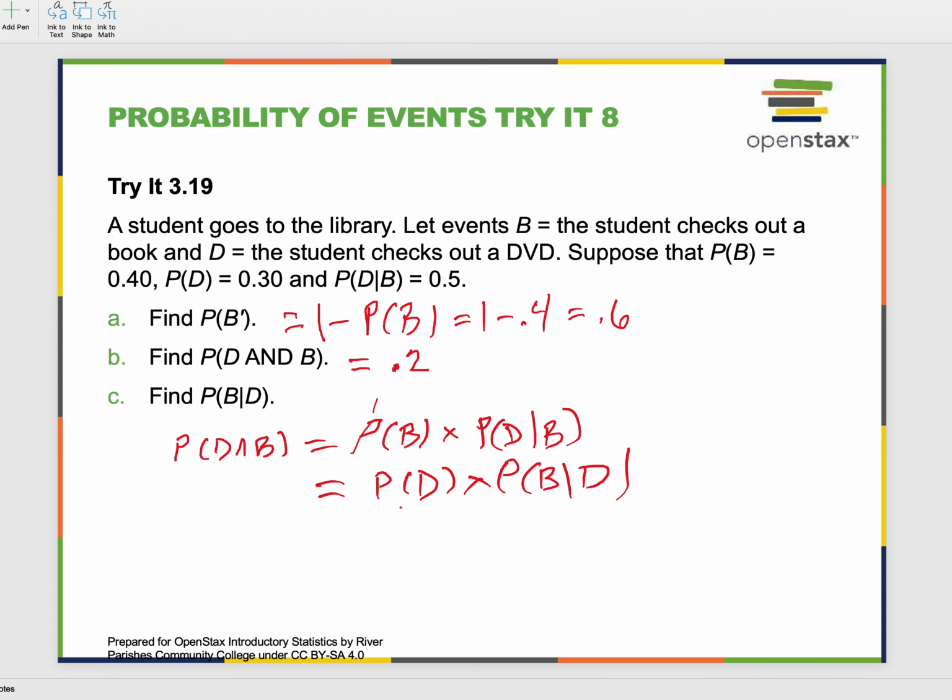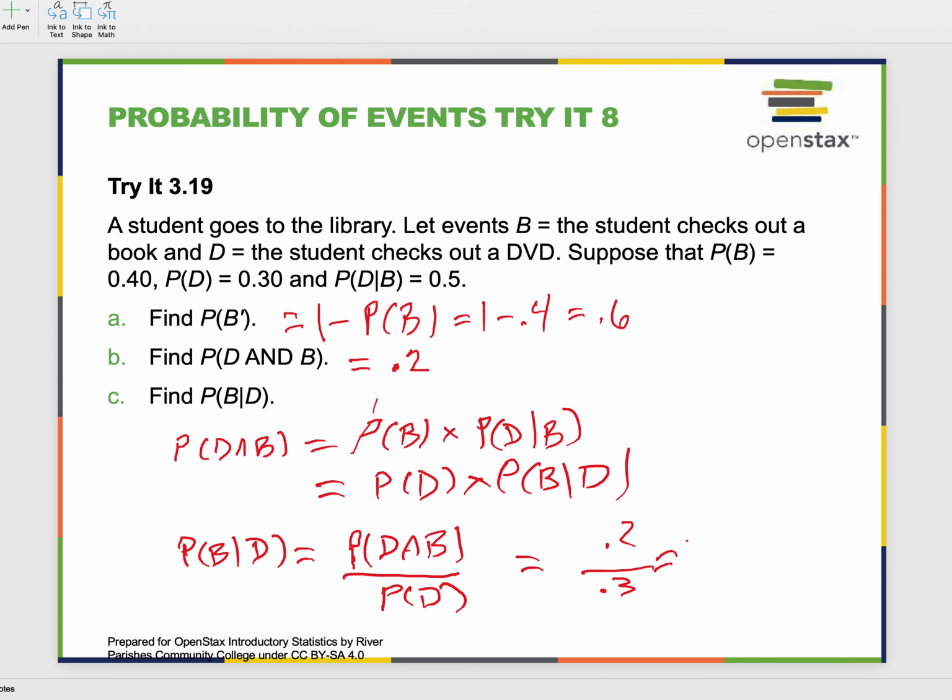I know the probability of D and I know the probability of D and B. I can figure this out: the probability I just solved for equals the probability of D and B, which I know is 0.2, divided by the probability of D. What's the probability of D? 0.3.